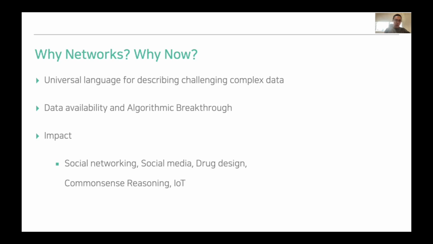At the same time, we also have many algorithmic breakthroughs, particularly from deep learning. It has a big impact on modeling social networks and learning from social media for marketing or stock price prediction tasks. Drug design is also one of the important applications.